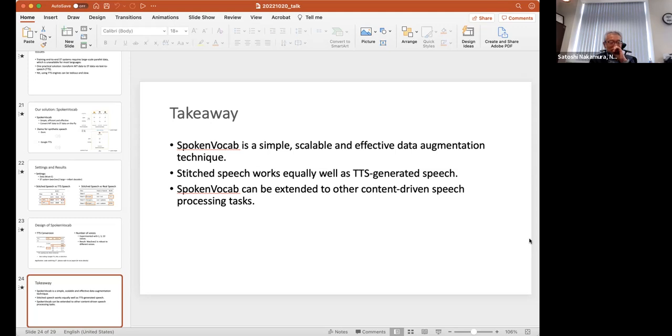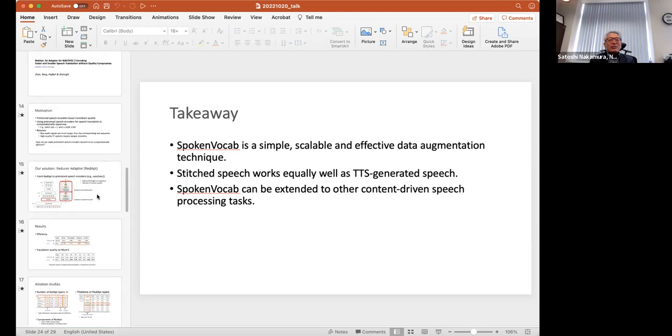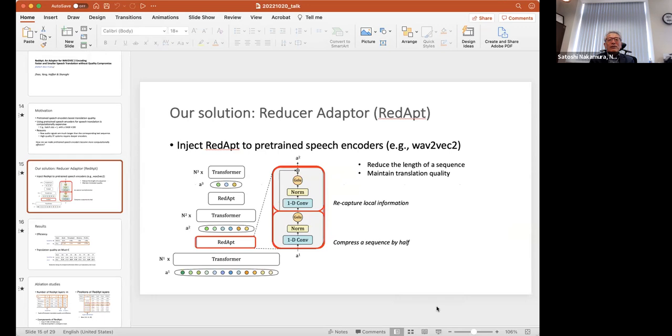So actually, my question is really related to the RedApt. If you insert the adapt layer into the wav2vec, the original layer, for example, the second transformer from the bottom, has the original time resolution, but you inserted the RedApt and try to reduce the temporal resolution.